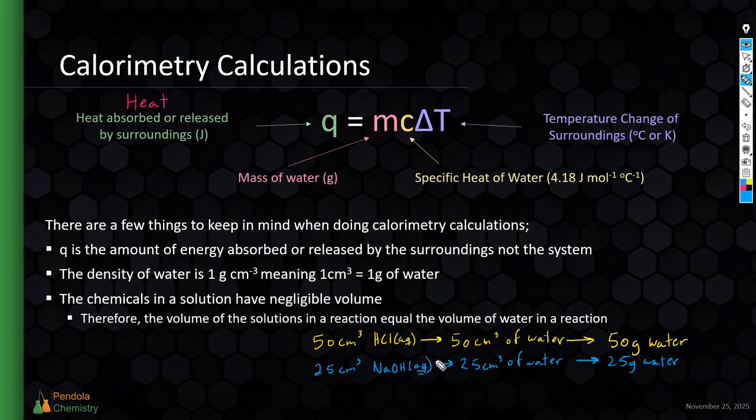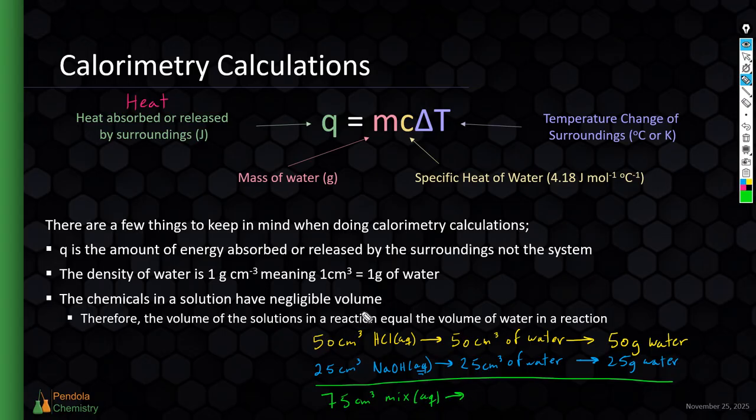And here's the most important thing. If I were to mix these two solutions, because in order for reactions to happen, solutions need to be mixed together, then if I mix these two solutions, 50 cubic centimeters of HCl and 25 cubic centimeters of NaOH, that means in total, the volume of the mixture is 75 cubic centimeters of mixture that is aqueous.